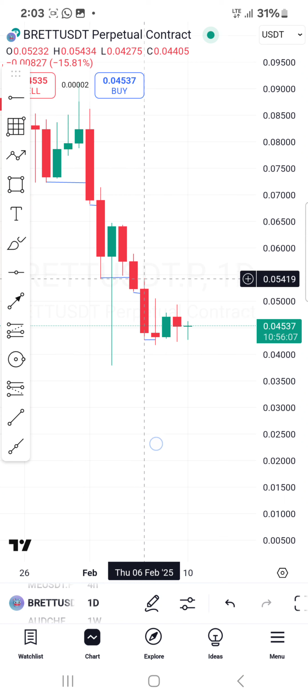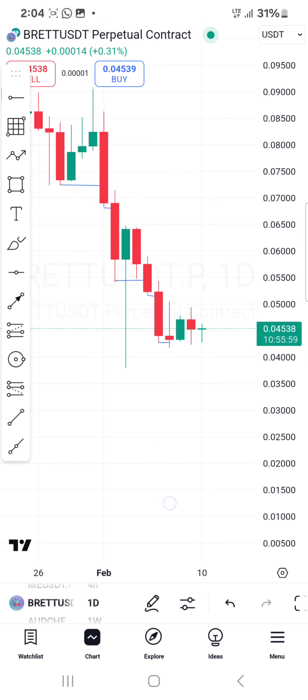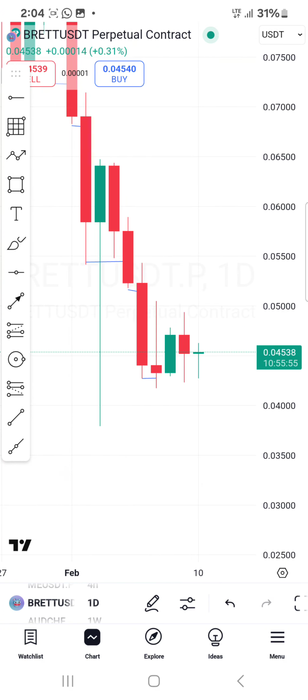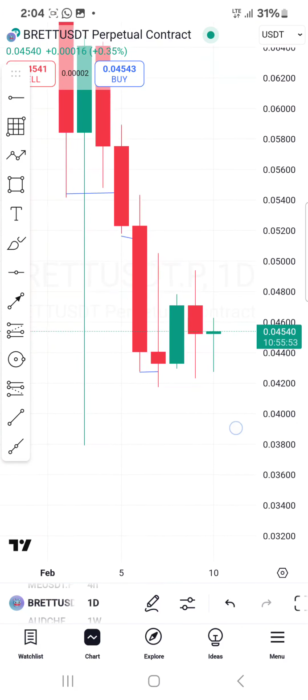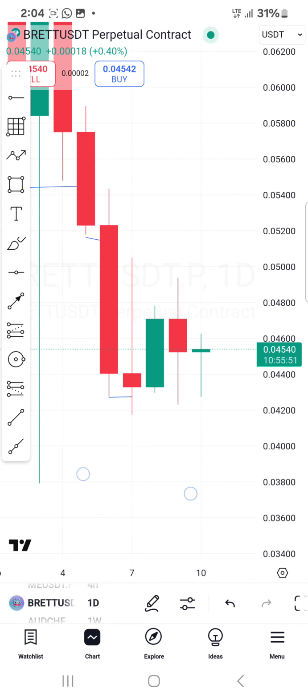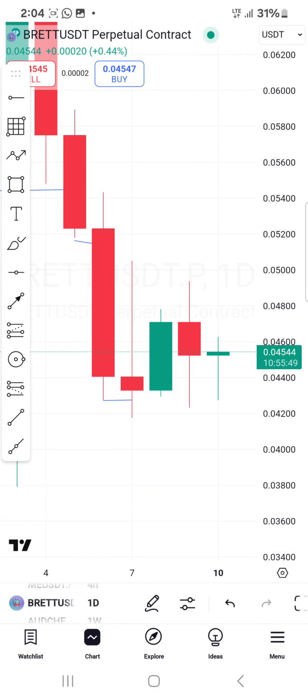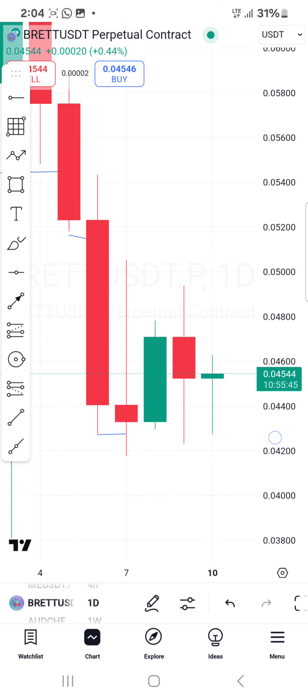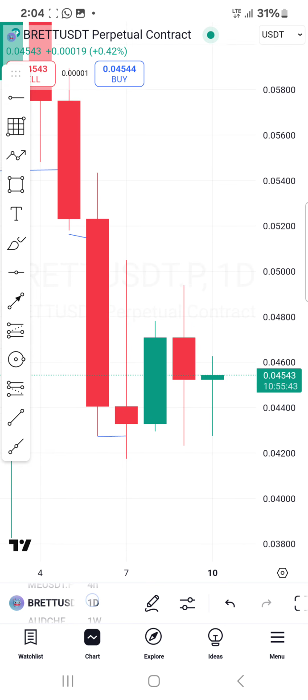Then we'd know that this is a complete break of structure, but here this is invalid. That tells you the market is about to change direction. On the higher time frame we are bearish, on the lower time frame it seems the market wants to change direction. So let us observe on the 4-hour time frame.